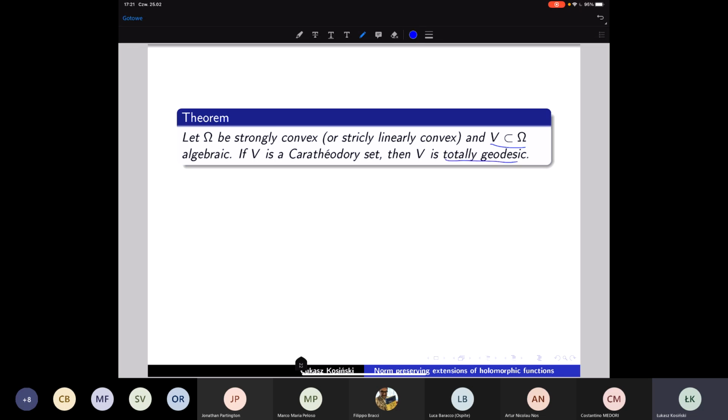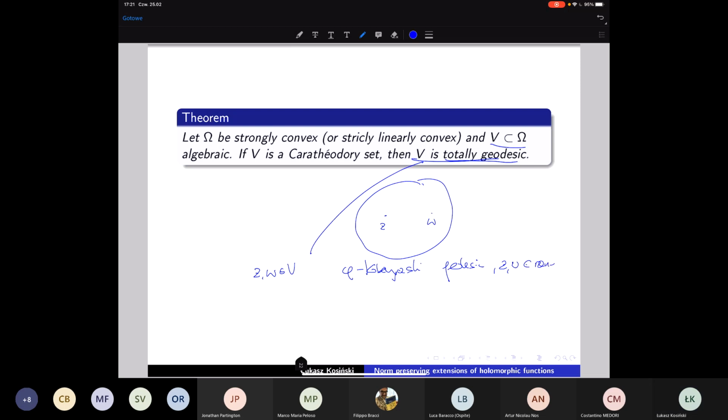Totally geodesic here means with respect to the Kobayashi distance, which means that if you have two points in V and phi is a Kobayashi geodesic passing through z and w, then the whole geodesic lies in V.